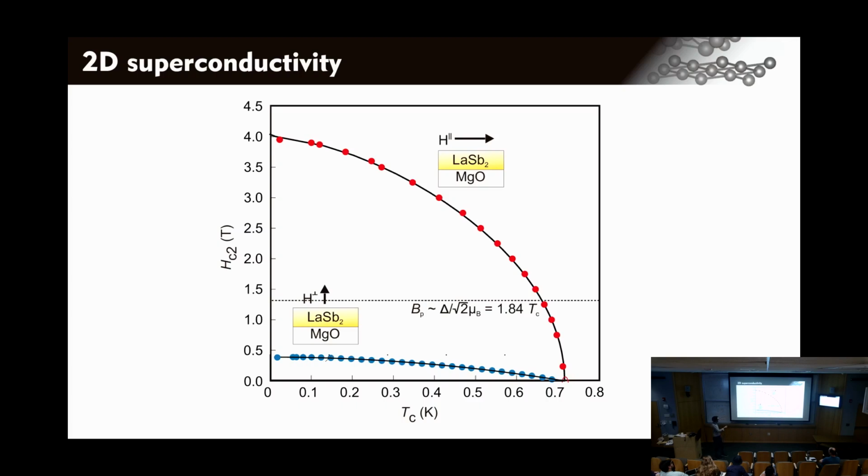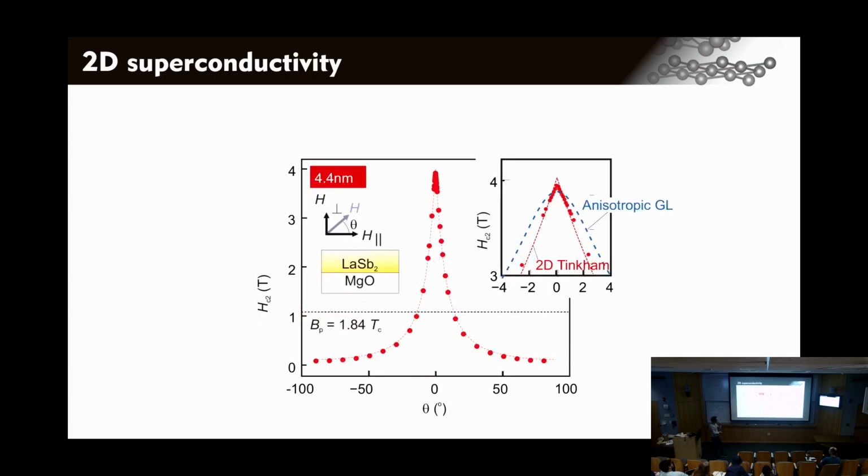And this horizontal line that I have here, this is what's called the Pauli limit. This just comes out of BCS theory, saying that if superconductivity is killed purely by Zeeman energy, this is the number. It's related to TC. We can see that this exceeds that, which is not so surprising because spin-orbit interaction is so strong. Okay, we can do Tinkham analysis, which you do for a 2D superconductor to show that this is two-dimensional.